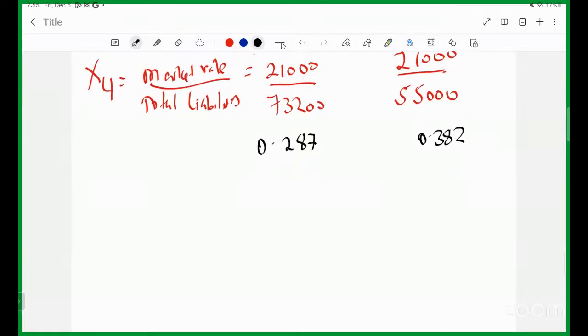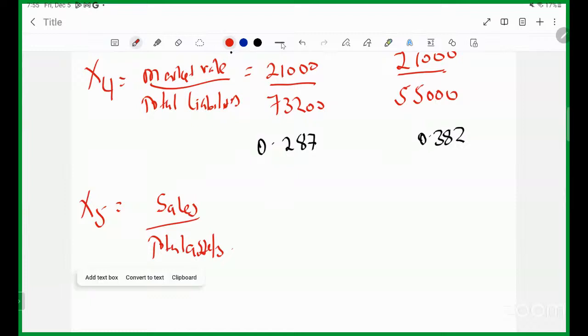Now we need to finalize the last ratio, X5, which is sales over total assets. What figure do we have for sales? 32,500 over 119,200.